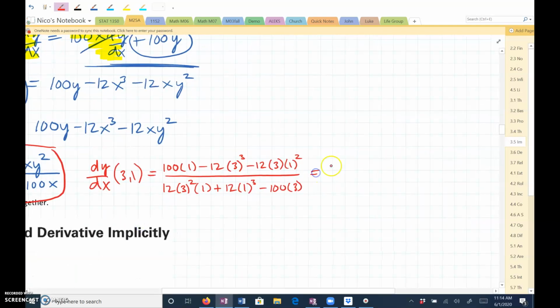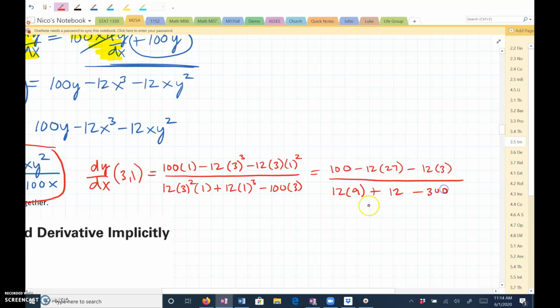So let's see if we can figure this out. This would be 100 minus 12 times 27 minus 12 times 3, all over 12 times 9 plus 12 minus 300. This is going to be 100 minus, let's see, 12 times 27 is going to be 324, minus 12 times 3 is 36, all over 12 times 9 is 108 plus 12 minus 300.